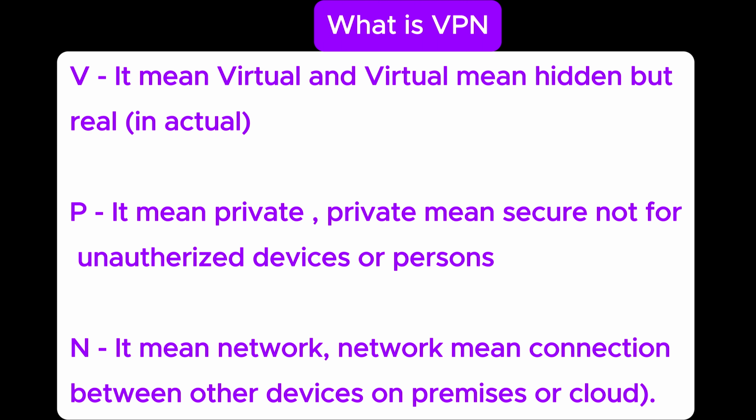It means if you are connected with some device, some on-premises network or cloud, then it should be private, not accessible to anyone. N means network. Network means connection between different devices, on-premises, cloud, and when it all comes together, then it is called VPN.